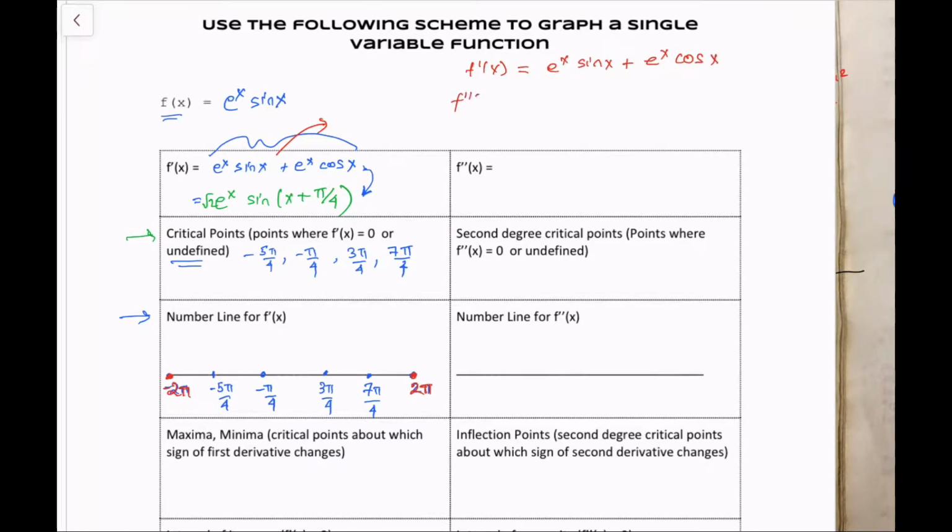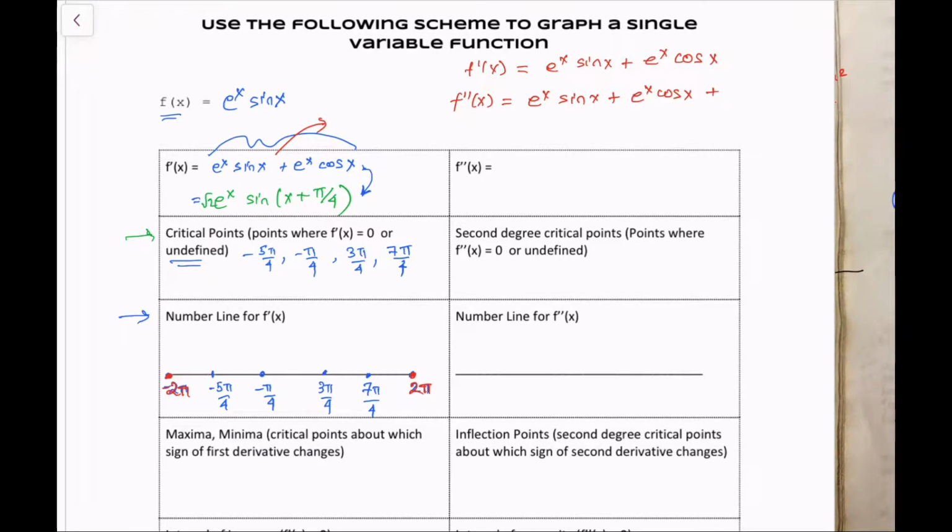So f double prime x is e to the x sine x plus e to the x cosine x, minus e to the x sine x plus e to the x cosine x.